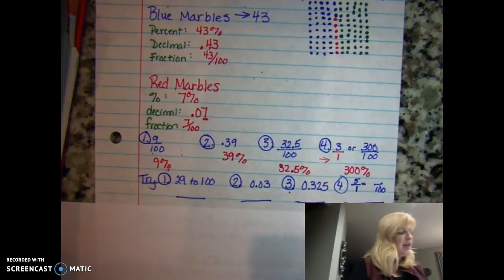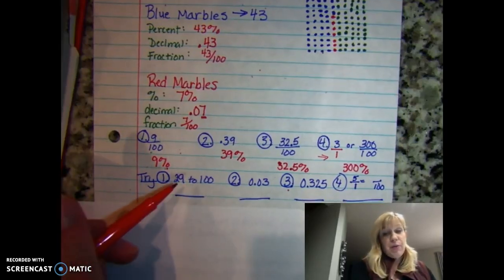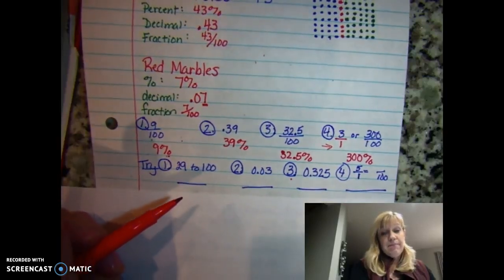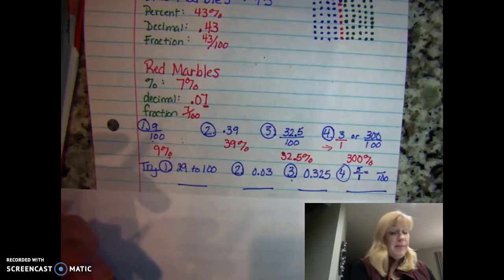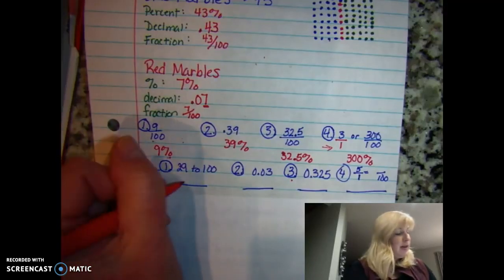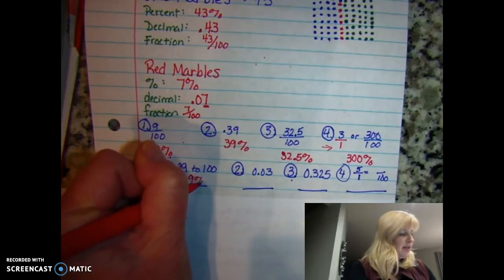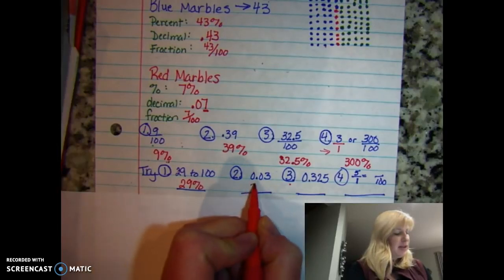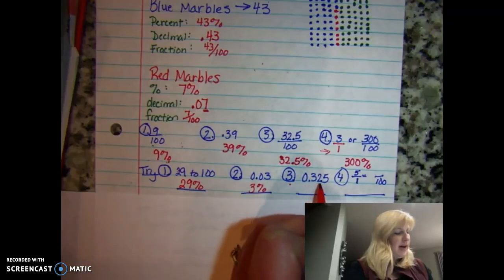Okay, let's also try these. I wrote this one as a ratio with the word 2 in it to show you that ratios can be expressed as a percent as well. So if you'd like to pause the video and try, then unpause it. Okay, so first I am going to do 29%. This one, make sure that you see that it's in that hundredths place, so it's 3%. And this one, I know it's 32.5 hundredths.